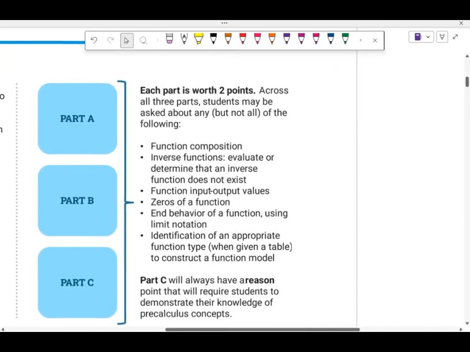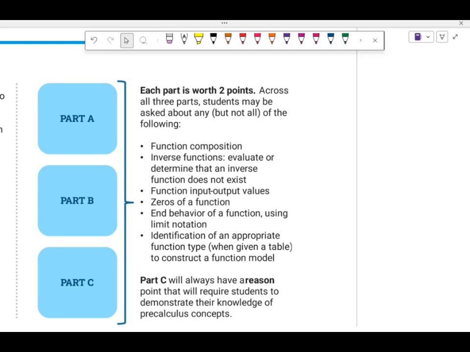Okay, each part is worth 2 points across all 3 parts. You may be asked about any of these bullet points here, not necessarily all of them, but any of these. So you could be asked about function composition. I think I've seen that on almost all the FRQ style ones that I've seen. Function composition.